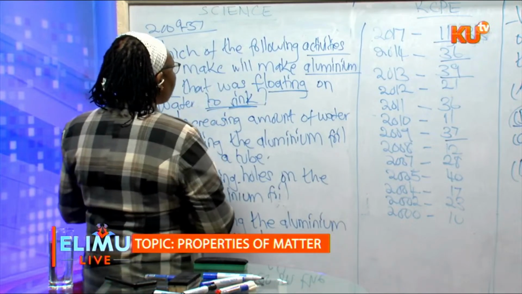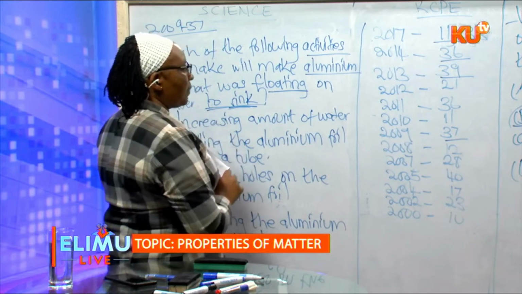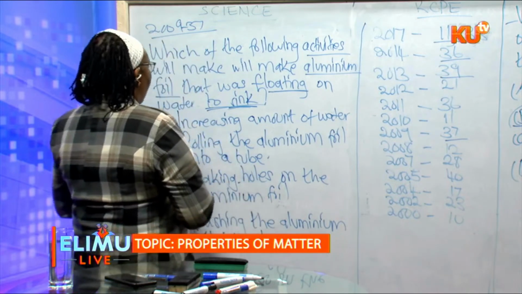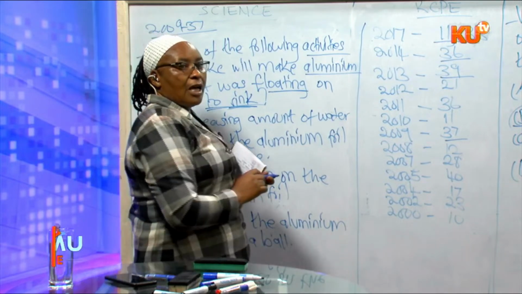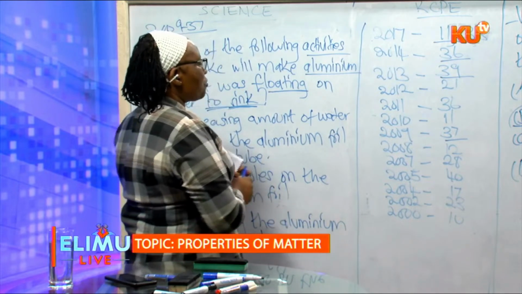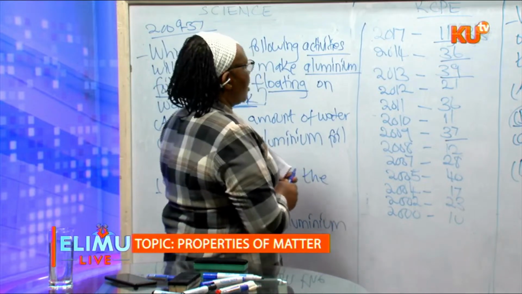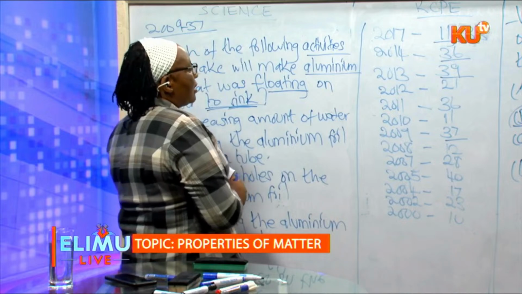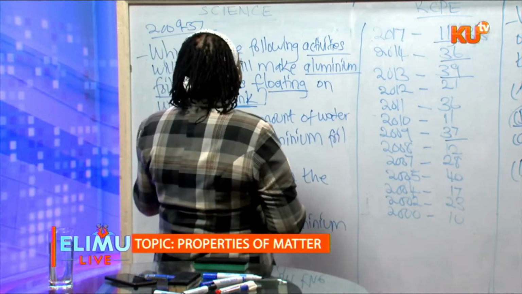Aluminium is a metal, and metals are sinkers, but this one is a foil. It is like a sheet of paper, so when you place it on water, it will float because of its shape. So the aluminium foil, regardless of being a metal, will float because of the shape it has.